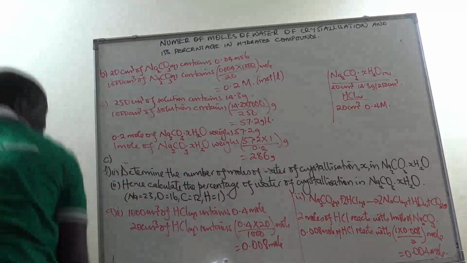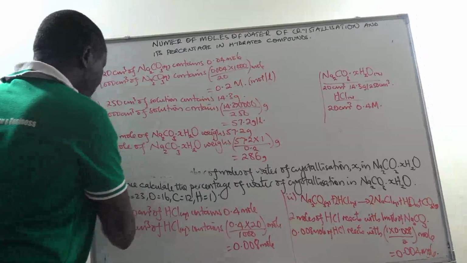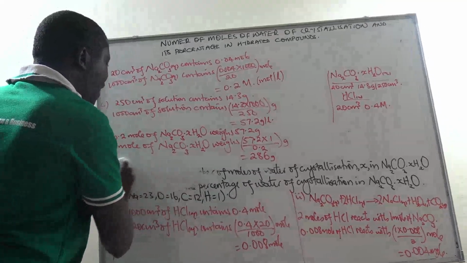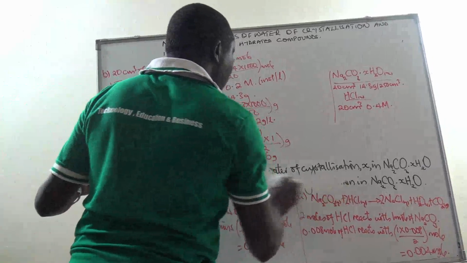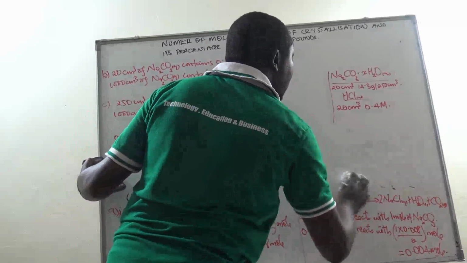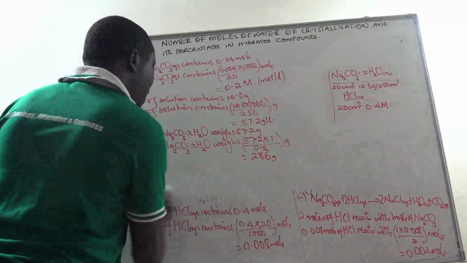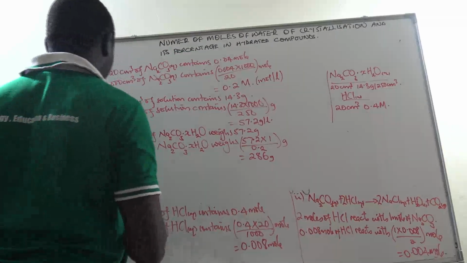Now, let's go to this part here that we determine, or we calculate therefore the percentage. We first get the number of moles of water of crystallization X in the hydrated compound.